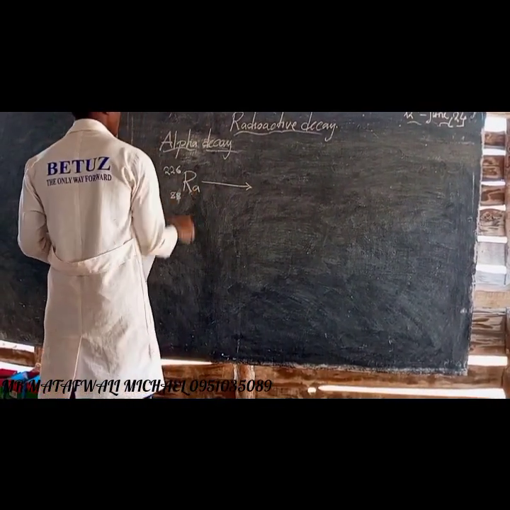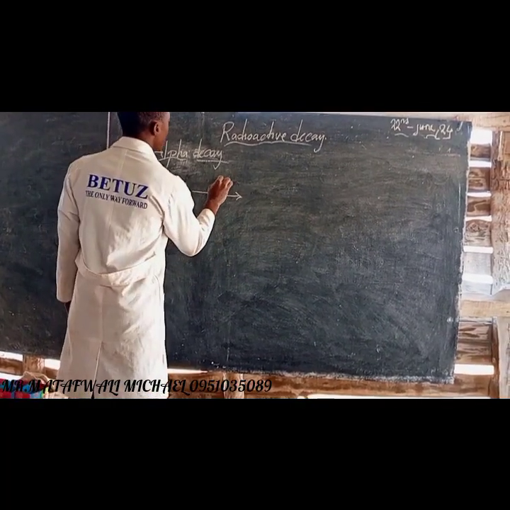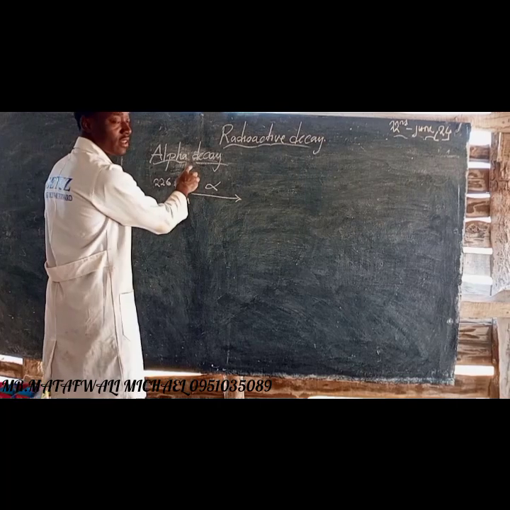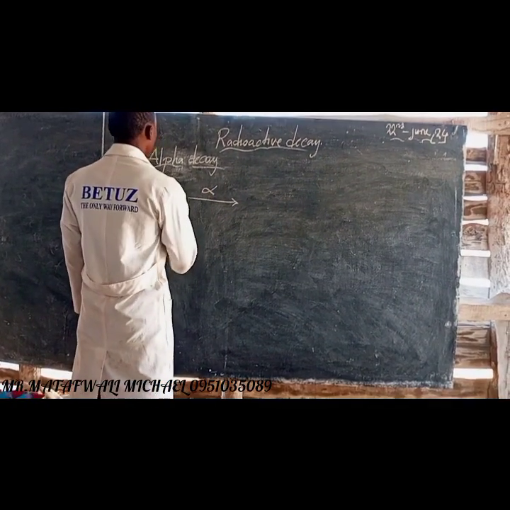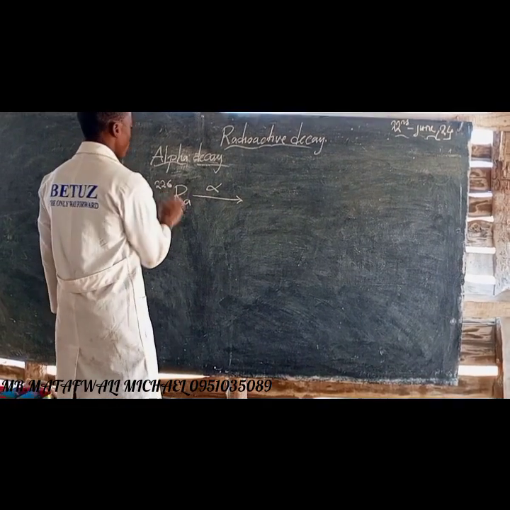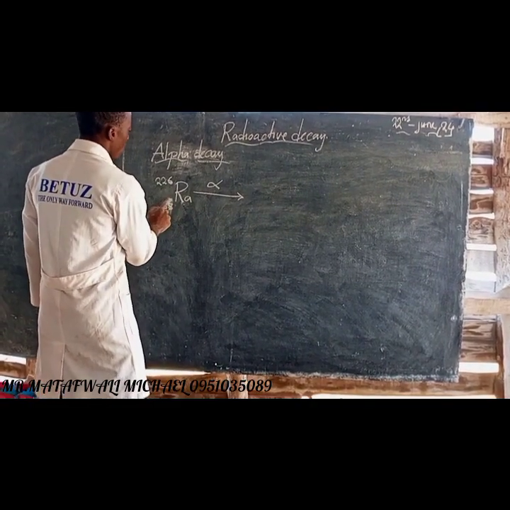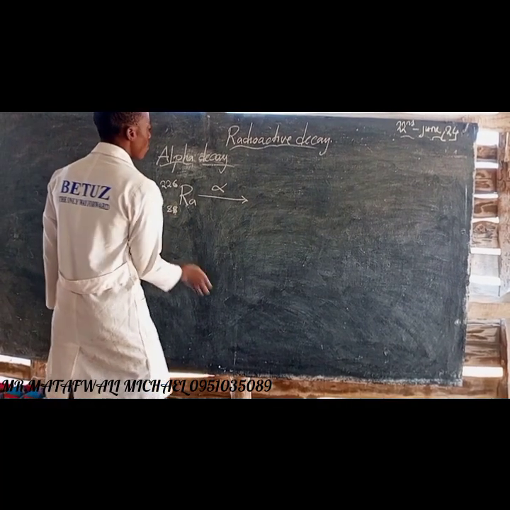So when radium undergoes alpha decay, here we are going to indicate the symbol for alpha. The mass number reduces by 4, while the proton number reduces by 2.